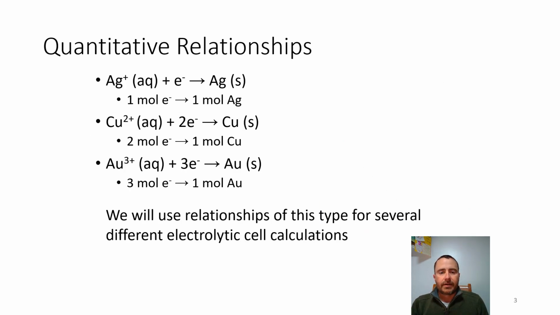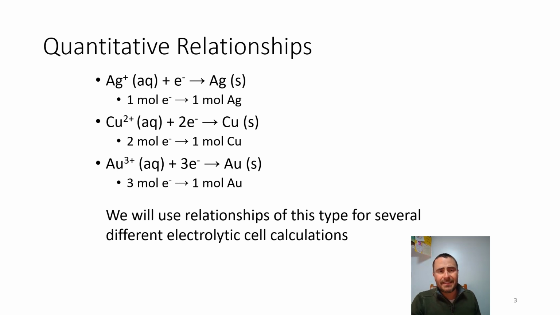When we desire to work calculations using electrolytic cells, we are always going to need to eventually use what we call the quantitative relationships between the number of moles of electrons and the number of moles of metal that are produced. These equations are always going to be used at some point.